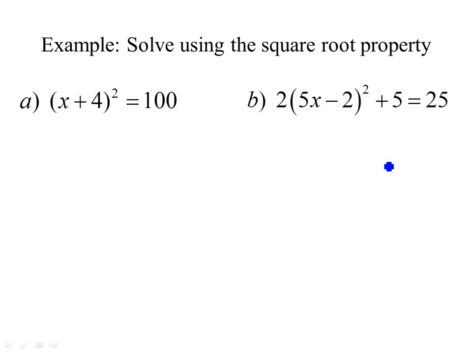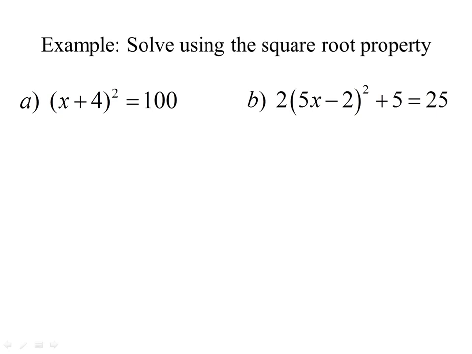Here, however, I can't take the square root of 10. I can, but it's going to be some decimal, and that's just not what I want. So when I write this down, I'm going to have plus or minus the square root of 10. There's nothing I can do with that. It's just plus or minus the square root of 10. It's going to be some decimal, but we're not going to worry about that.